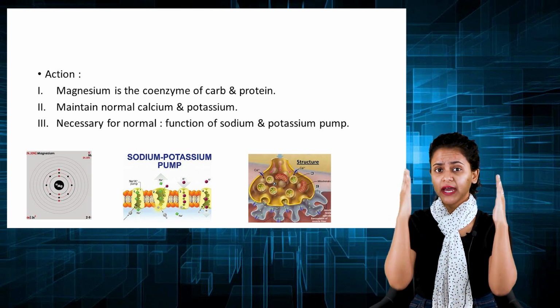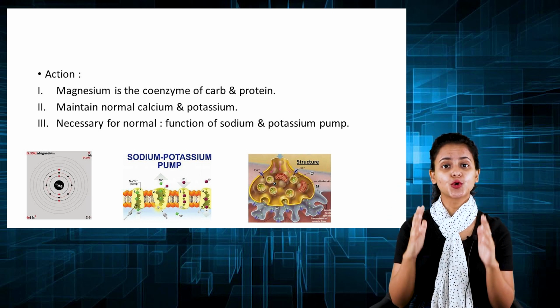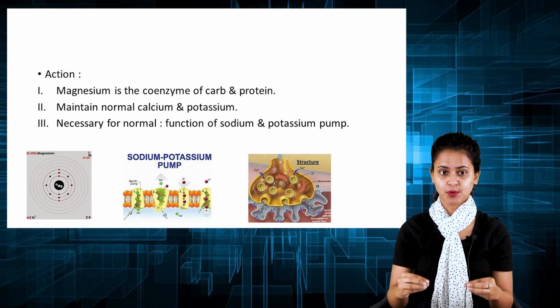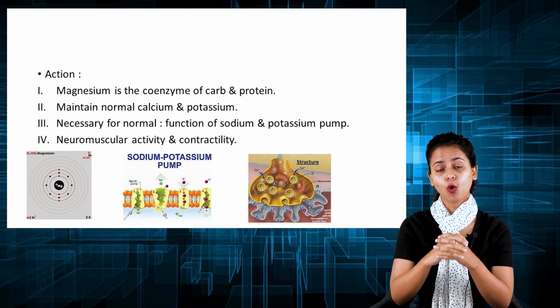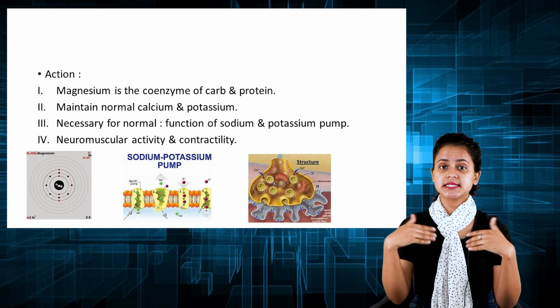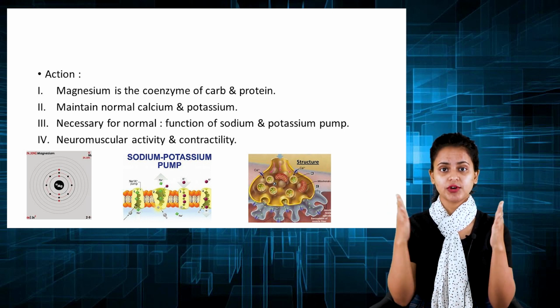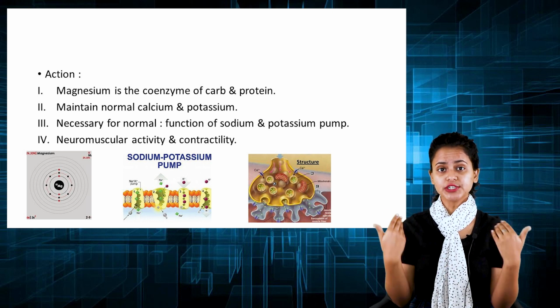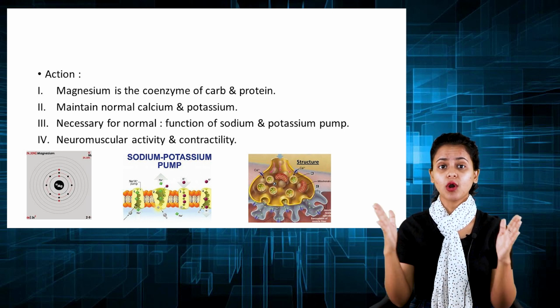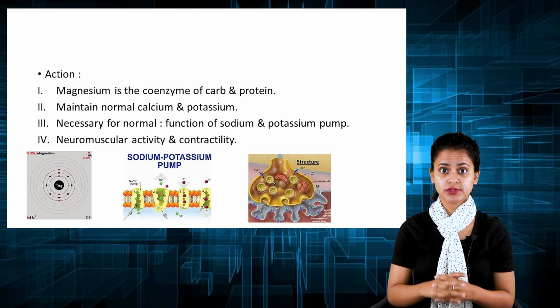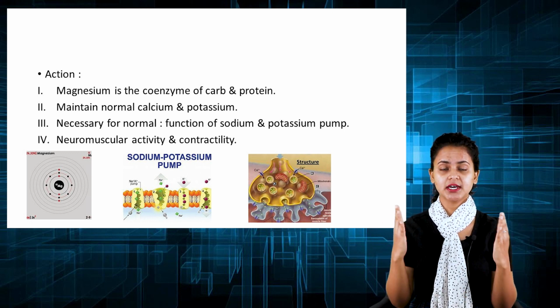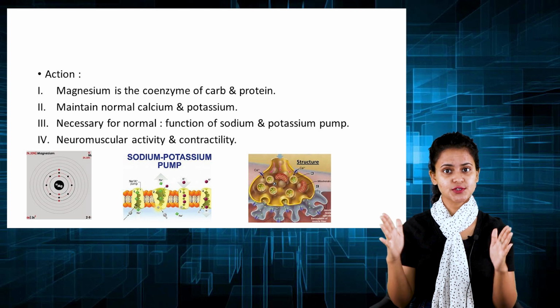So it is a very major and important role of magnesium in a human body. Magnesium also maintains the neuromuscular activity and contractility. These are all the major functions done by magnesium in a human body in a physiological state.